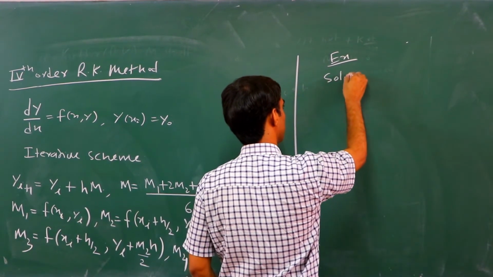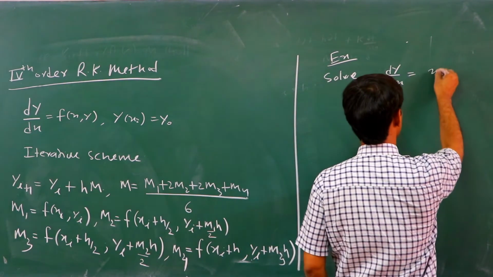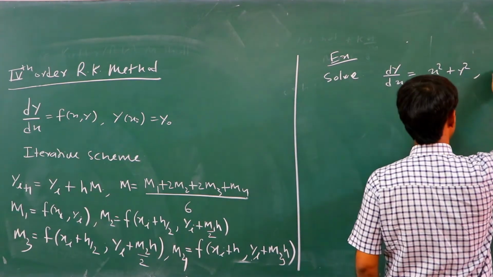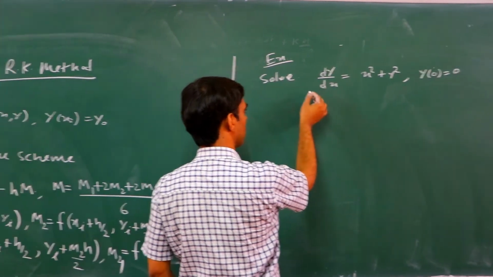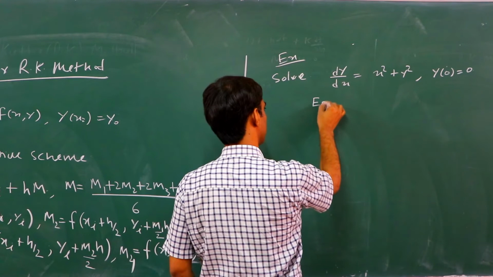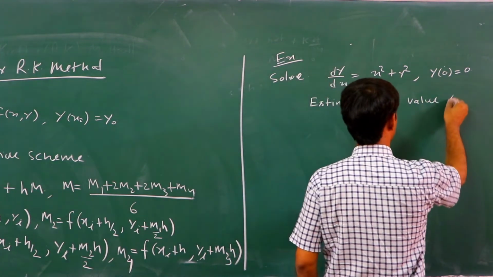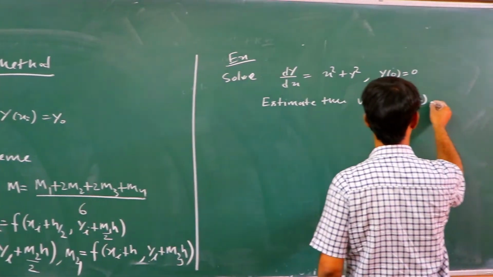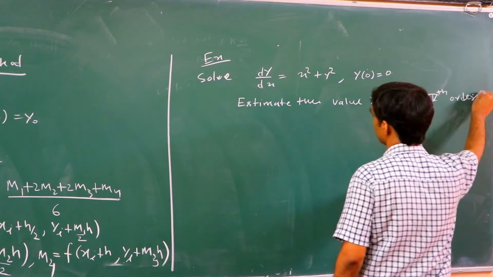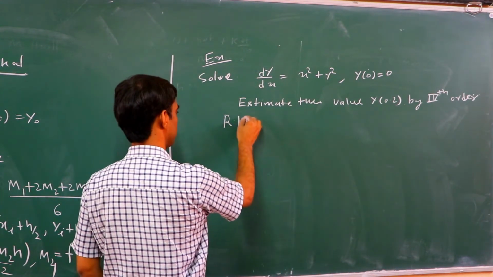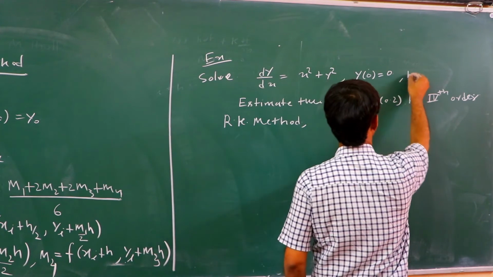Solve dy by dx equal x square plus y square, the initial condition is given, y0 equals 0, and estimate the value of y at 0.2 by the fourth order RK method, and choose the value of h equals 0.2.